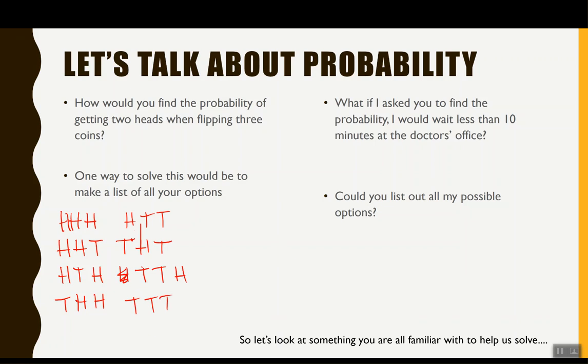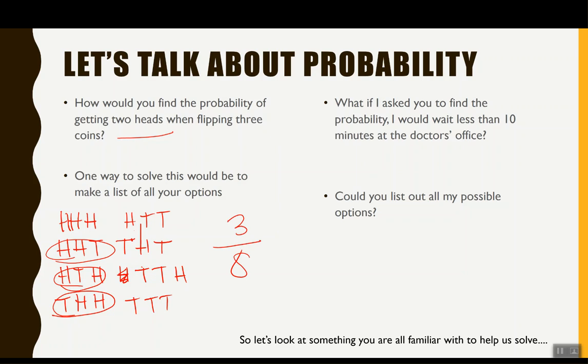So this would be all of the possibilities of how these 3 coins would flip. Then your options of getting 2 heads would just be the rows where I have 2 H's. So that means that out of my 8 choices, 3 work, so the probability would be 3/8.